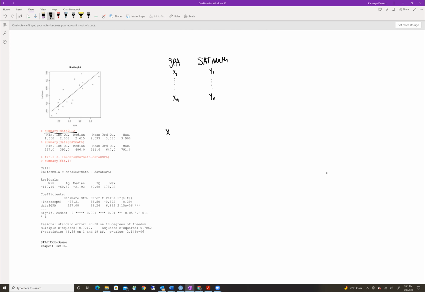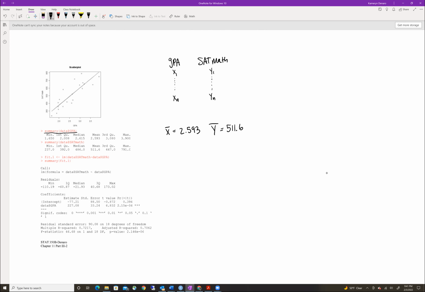So in this case, X bar, where X is GPA, X bar is 2.593, and Y bar underneath that from the summary, we can see is 511.6. All right, so for our linear regression line, X bar and Y bar are guaranteed to be on the best fitting line.